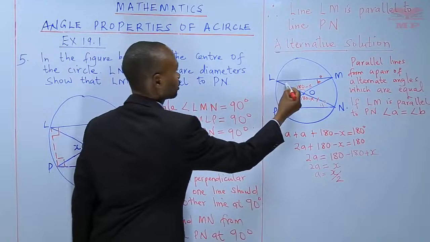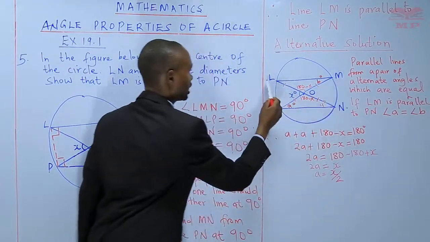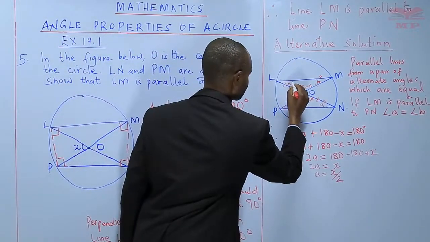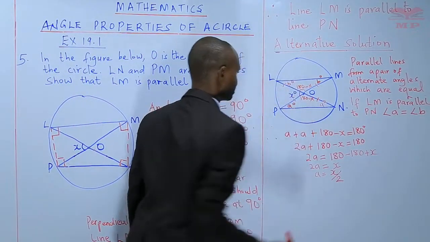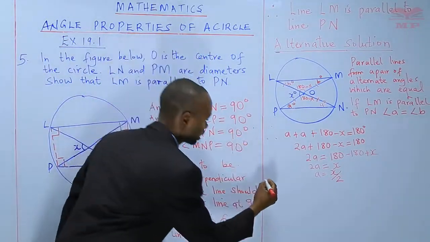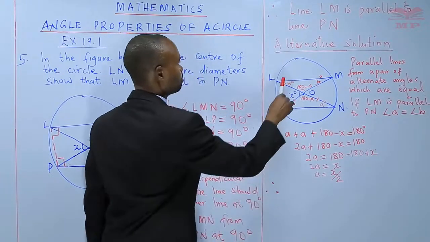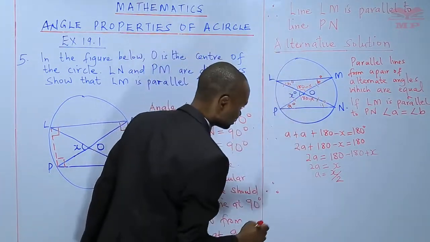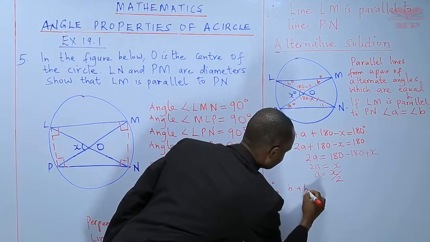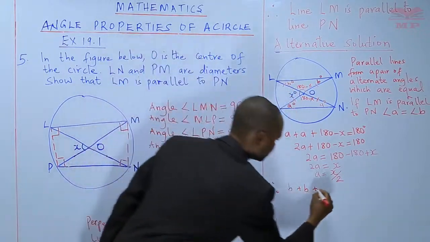And since this one is also isosceles, the value of angle MLO will be B degrees. Right from what I did here, it will also be from the diagram B plus B plus 180 minus x.